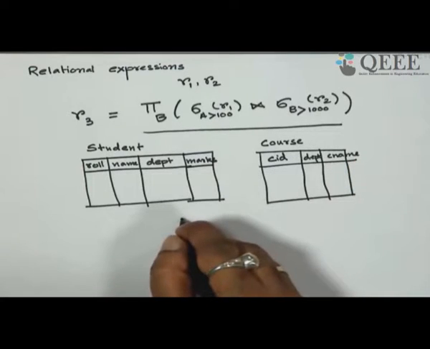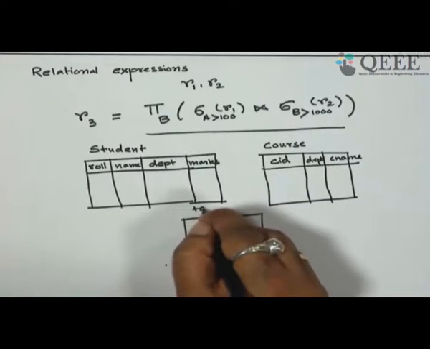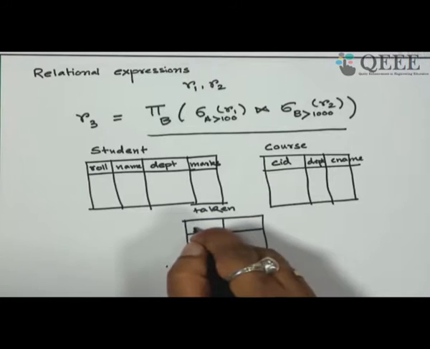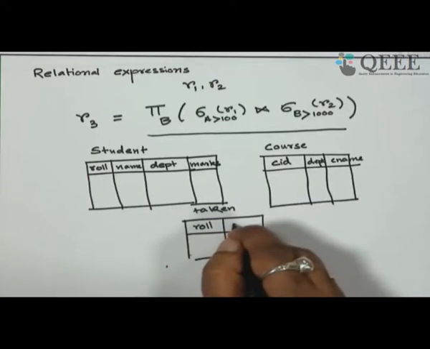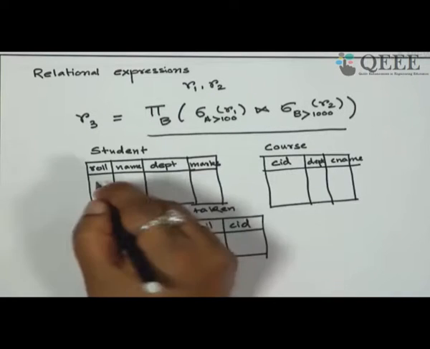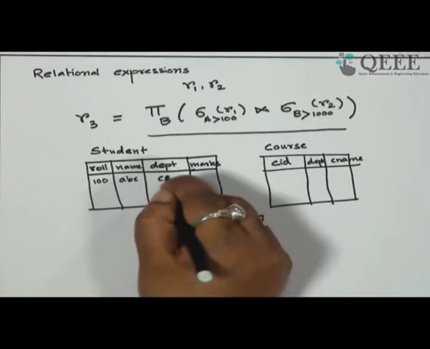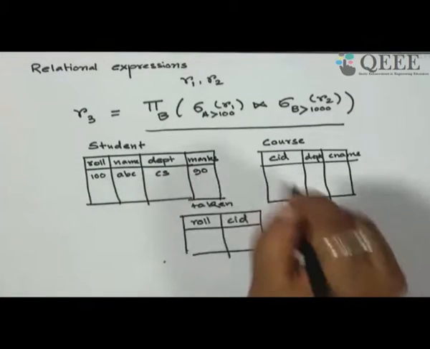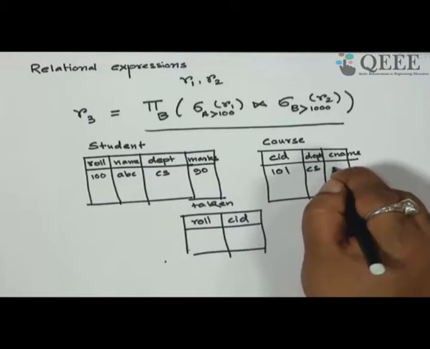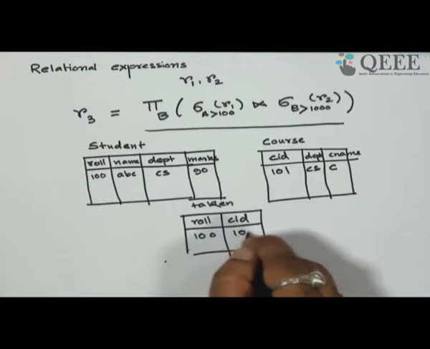I have a taken table telling which student roll number has taken which course ID. Suppose there are values in these tables, say 100, ABC, CS, 90; course ID 101, CS, course name C; and roll number 100 has taken course ID 101.